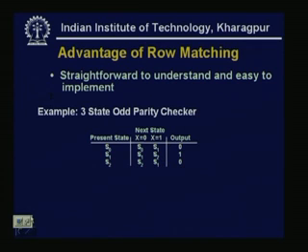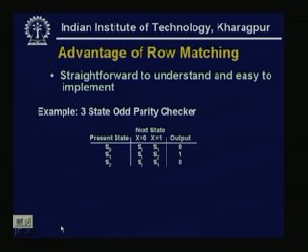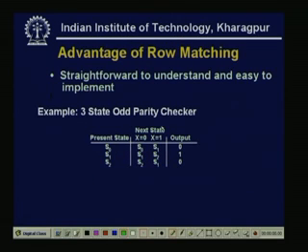If we check this parity checker table, then we see that S0, next state S0, S1 output 0, and for S2, next state S2, S1 output is 0.